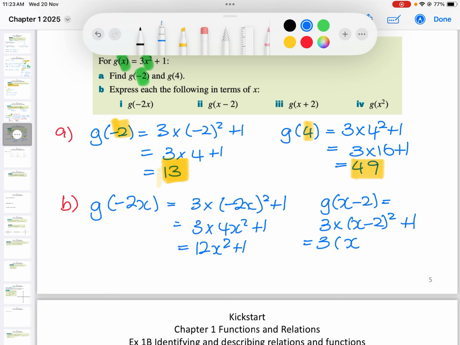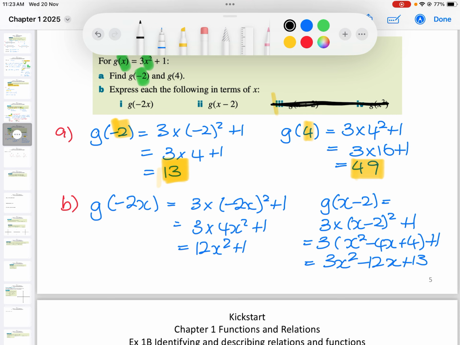So we expand these brackets. We go about it the same way for these. Actually, I'm going to take those off. I'm not going to bother doing those because it's the same thing. And then we'll just take a break there and come back with the second half of 1B in a minute.